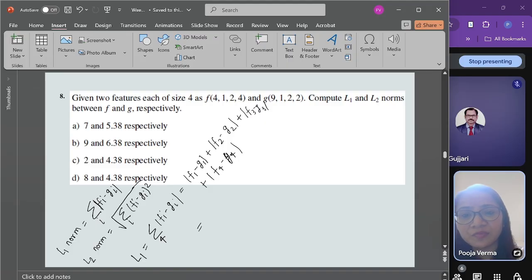Simple, just take the differences. For the first one, 4 minus 9, plus 1 minus 1, plus 4 minus 2... minus 5. But it is the absolute difference, right?